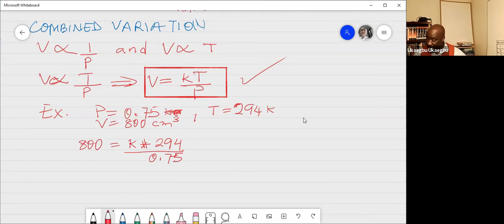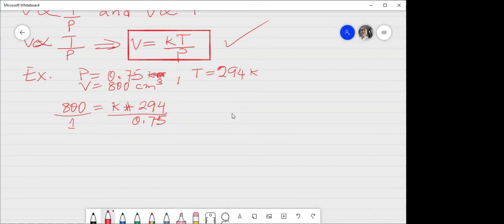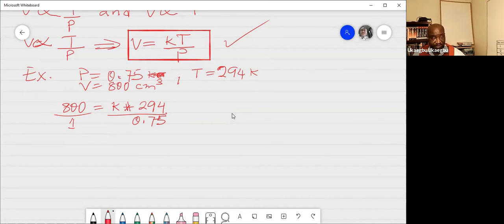Okay, so we want to find out K. Somebody, we need help. How do we solve for K in this type of equation? You'll start by multiplying both sides by 0.75. Thank you. So basically you are cross multiplying. You are having 800 multiplied by 0.75 is equal to K multiplied by 294.